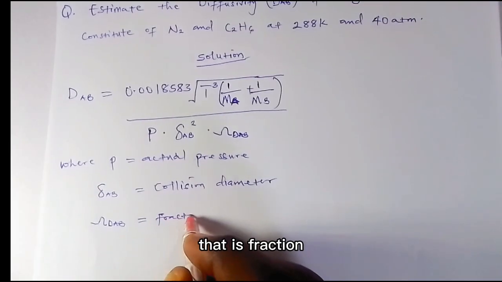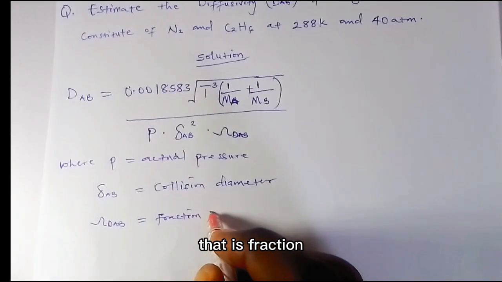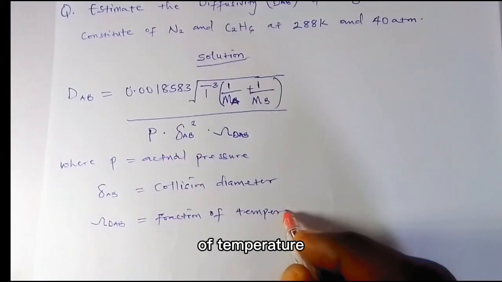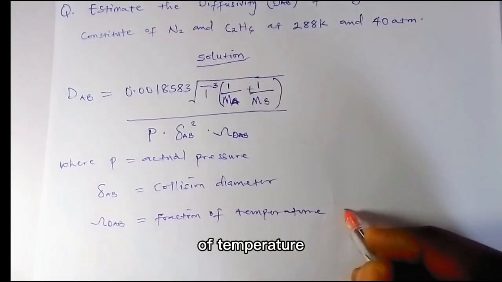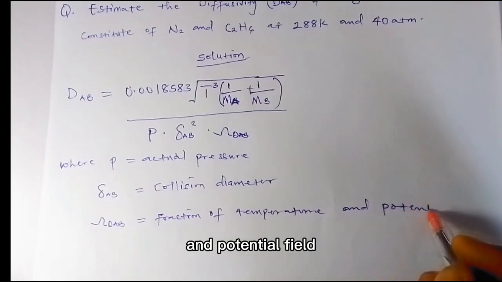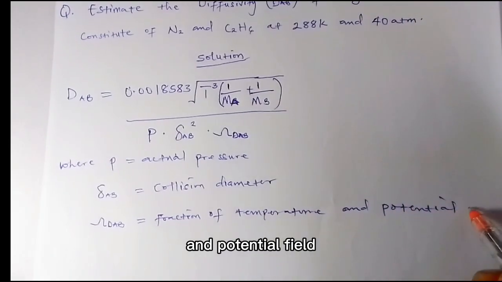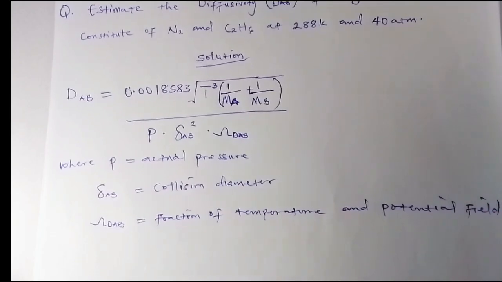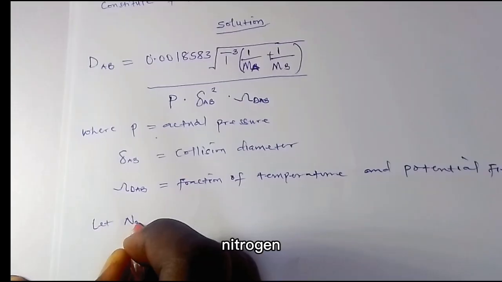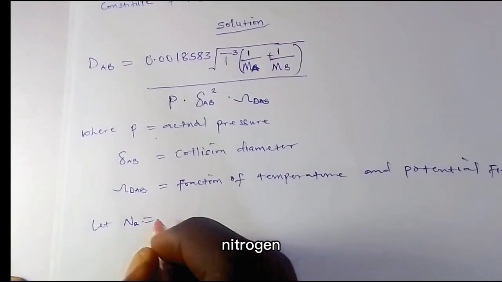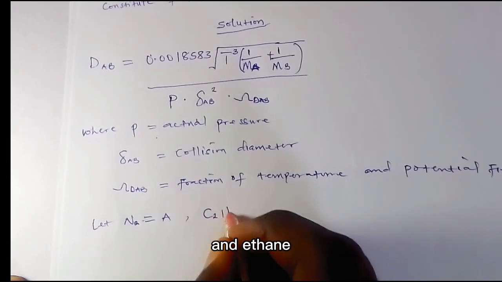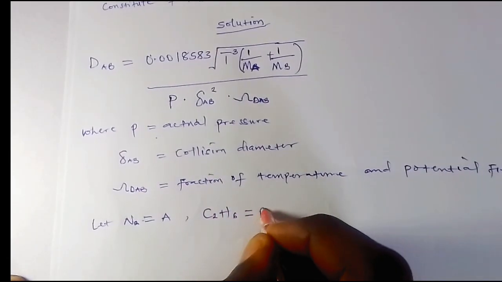That is a function of temperature and potential field. Let's say nitrogen is A and ethane is B.